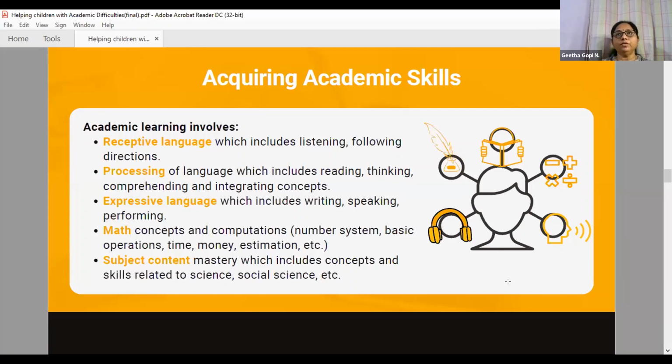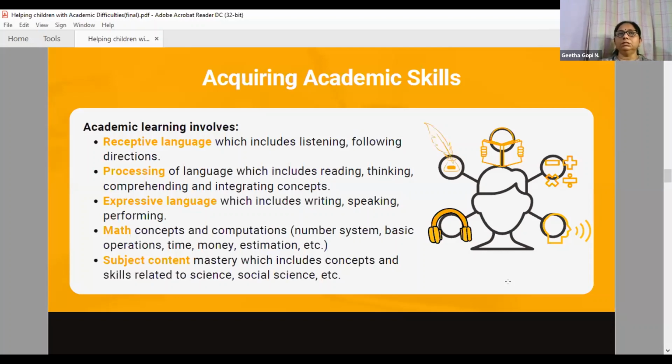Processing of language involves things such as reading skills, thinking skills, comprehending what is being heard or read, and integrating different ideas and concepts into understanding what the speaker was saying. So processing of language involves all these skills, which again is part of academic skills.